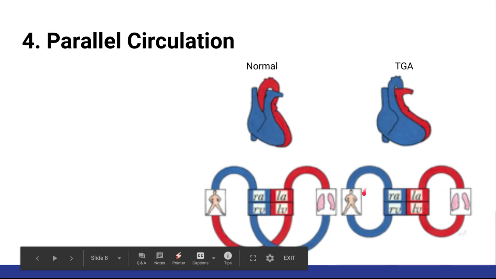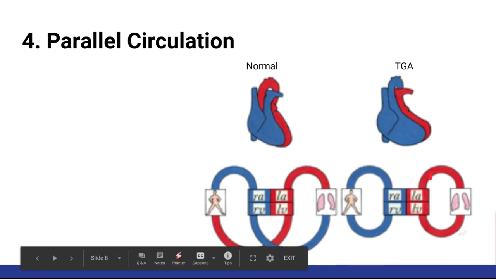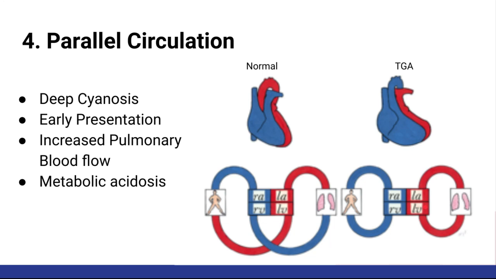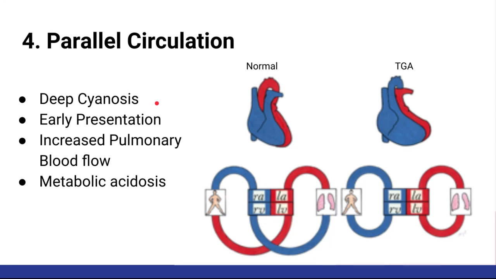Deoxygenated blood circulates through the body, and oxygenated blood circulates through the heart and lungs. So this parallel circulation will present with deep cyanosis early in life, with increased pulmonary blood flow through the patent ductus arteriosus, and metabolic abnormality of metabolic acidosis.